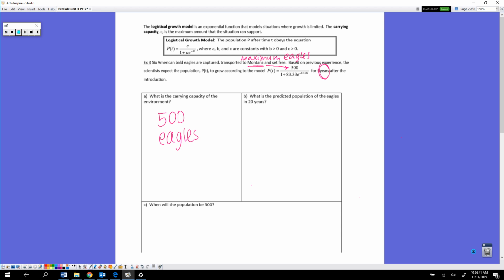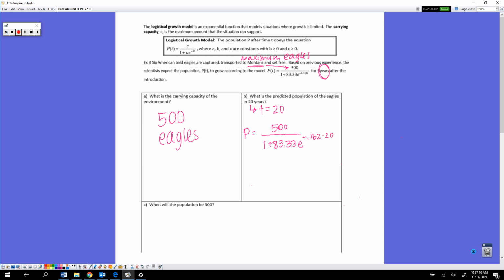B says, what is the predicted population of the eagles in 20 years? So t is in years, so we're just going to take 20 and plug it in for that variable. We would have our population equal 500 divided by 1 plus 83.33 e to the negative 0.162 times 20.